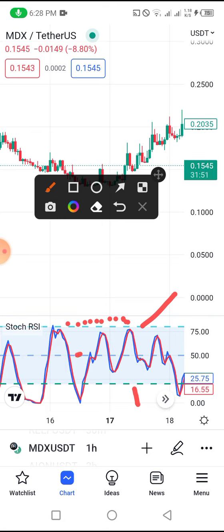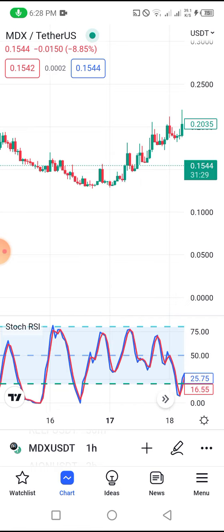Then this other middle one is called the middle band, right? It is at 50. This other one is at 80, and then this other lower one is at 20, according to the settings there. Now, if you had also set it differently at 90, you will also see it at 90, and this one at 10. But mine is at 80, 50, and then 20.